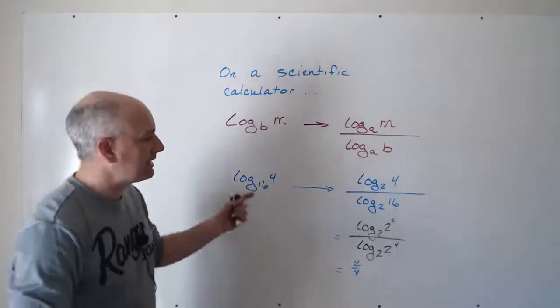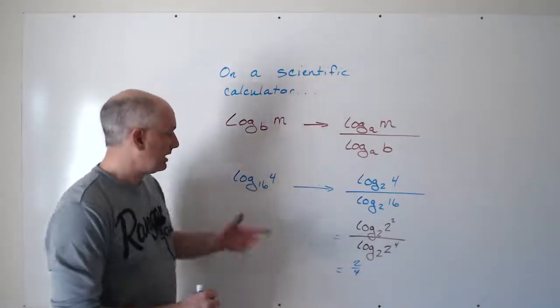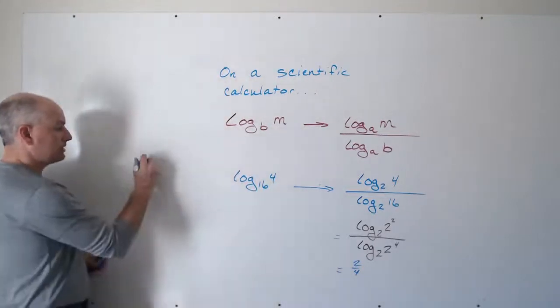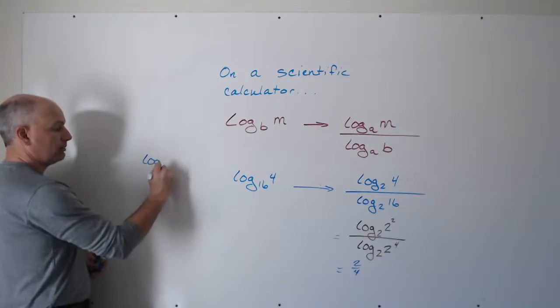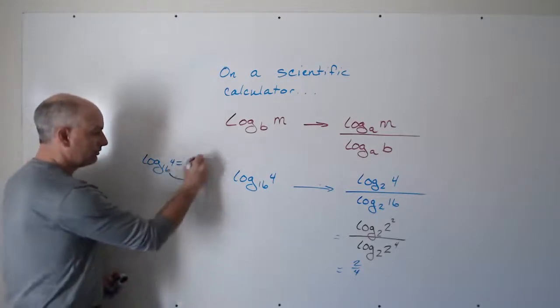Now, again, you're not going to have to do that kind of thing all that much. And again, keep in mind, we learned another way to do that as well. We looked at that and we said log base 16 of 4, we could just say is y. I could convert its form.